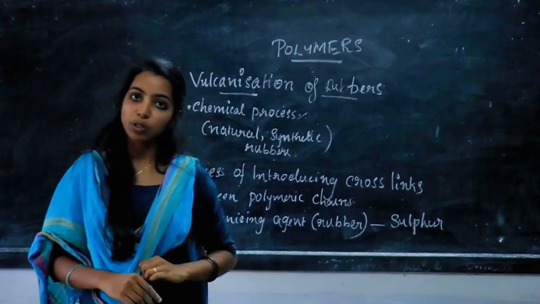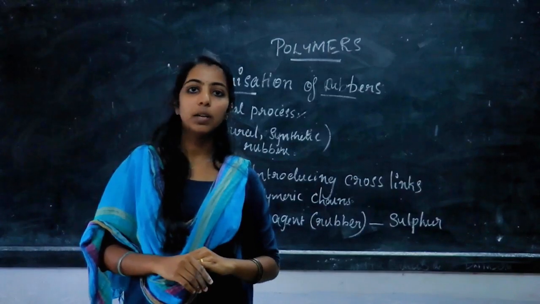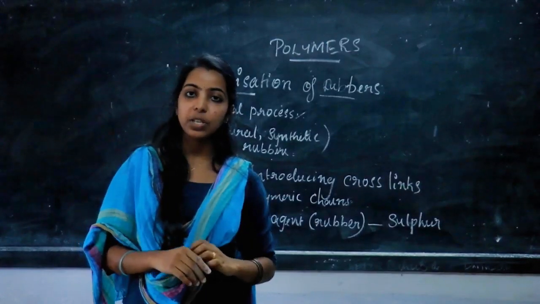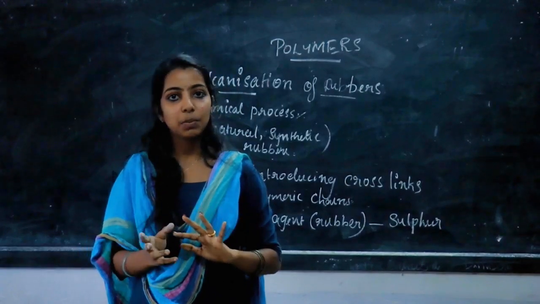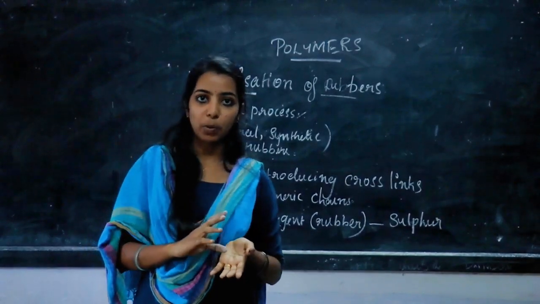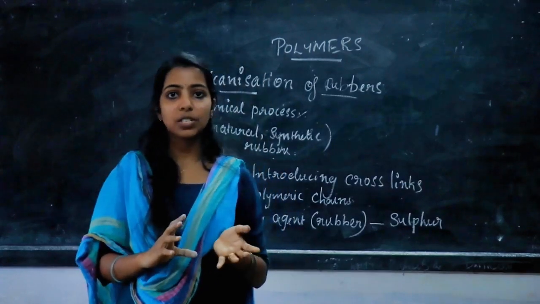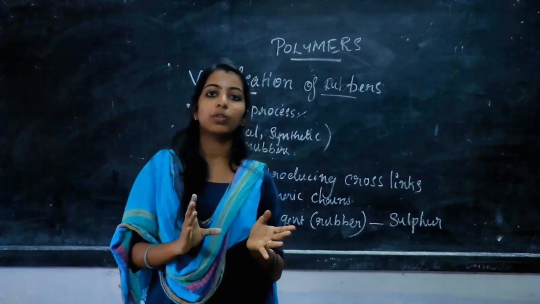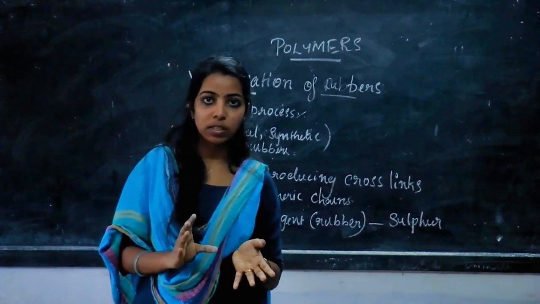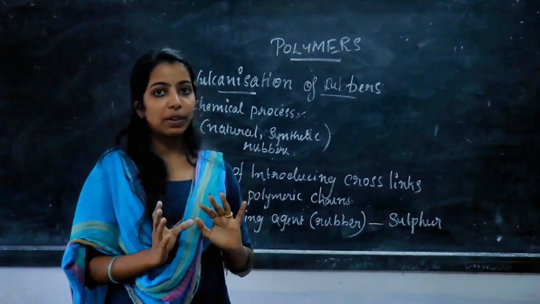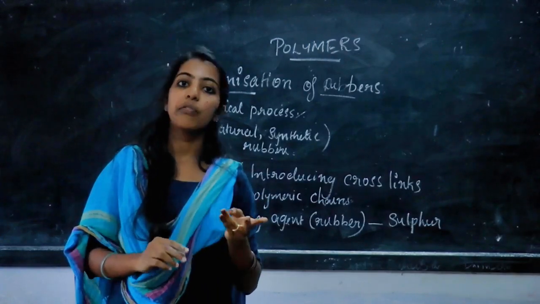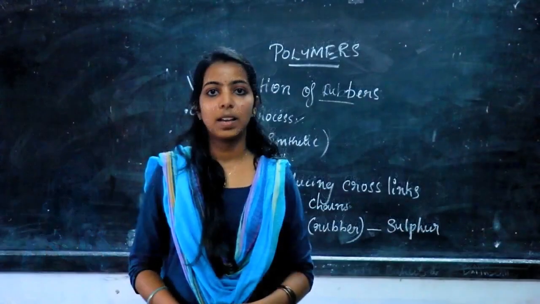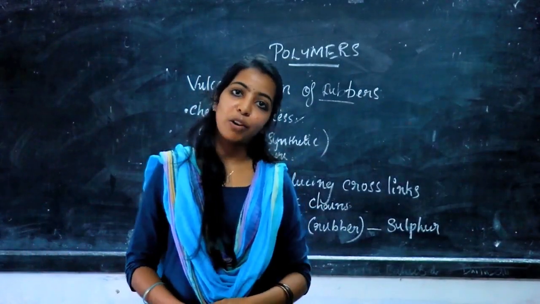Based on structure: linear, branched and cross-linked polymers. Based on mode of polymerization: addition polymerization and condensation polymerization. In addition polymerization, there are homopolymers and copolymers. Based on molecular forces: elastomers, fibers, thermoplastics and thermosetting plastics. I hope this session is clear for all of you. Thank you.